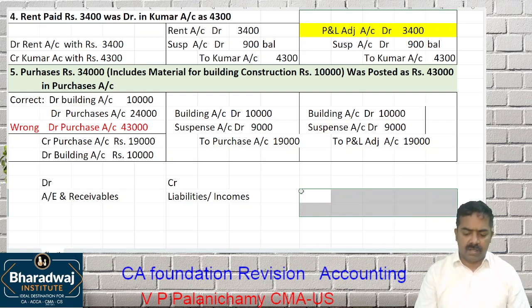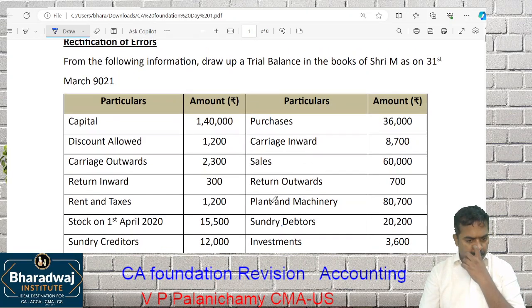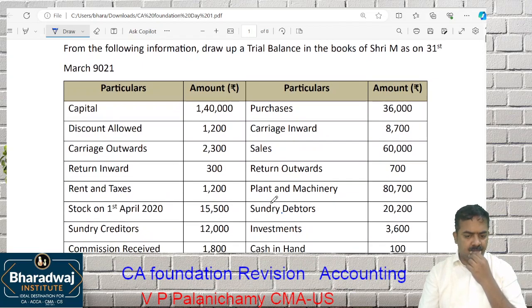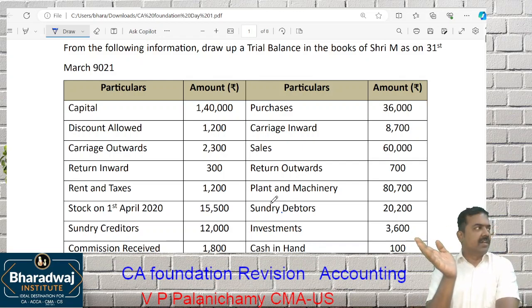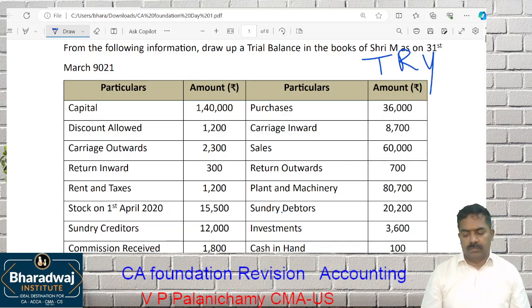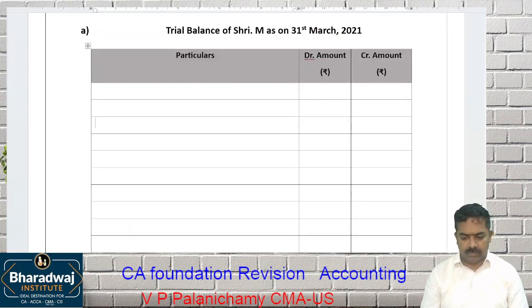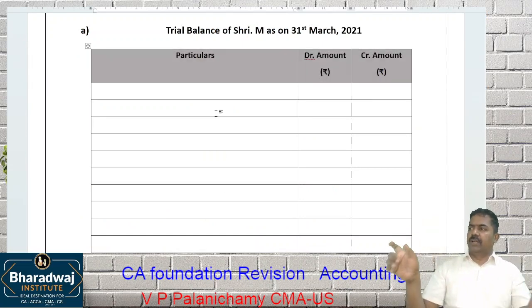You can use particulars, debit, credit, that method, or debit column, credit column, that method also you can use.